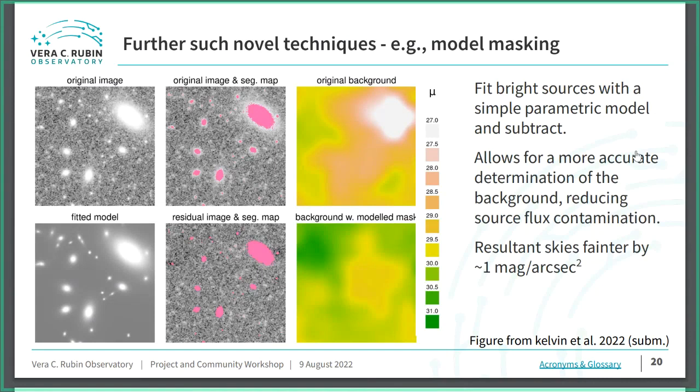During testing, in our paper that's been submitted, the results are very promising. The background is of the order of 1 mag per square arcsecond fainter than just using a naive background modeling technique. This is similar to the bright star subtraction approach you saw earlier, but for extended sources. Okay, 1 minute. Thank you. Next slide, please.